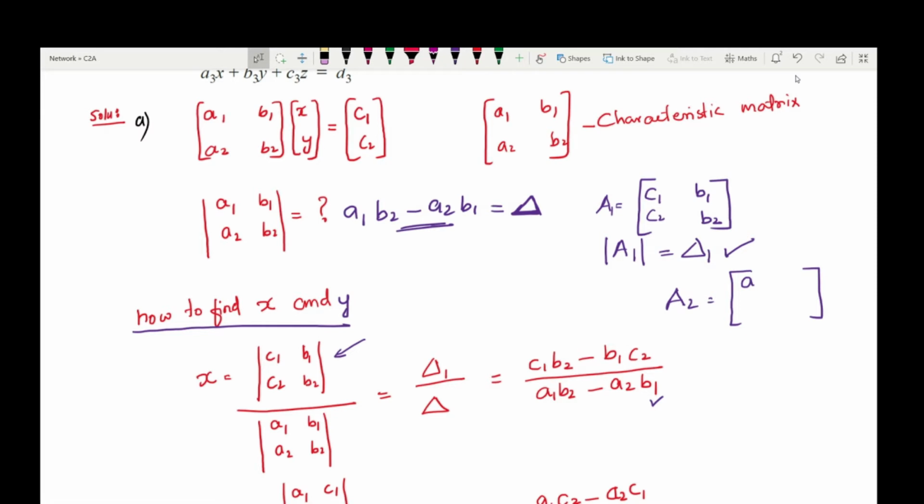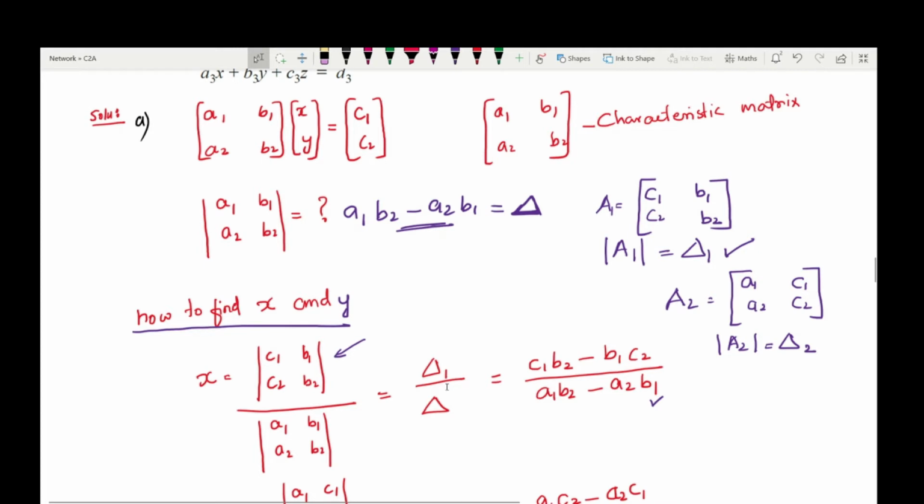Here, we retain A1 and A2, and into the removed position we insert C1 and C2. Then the determinant of this matrix we call delta 2.